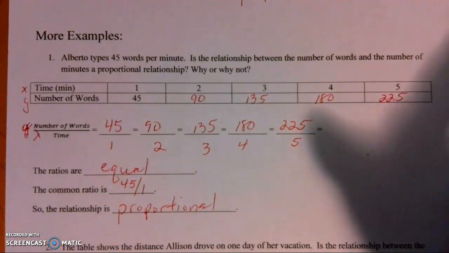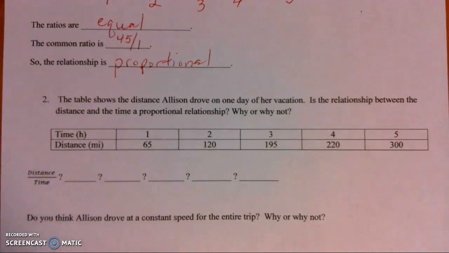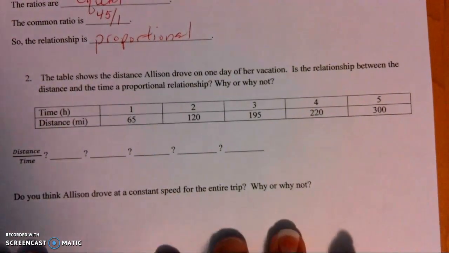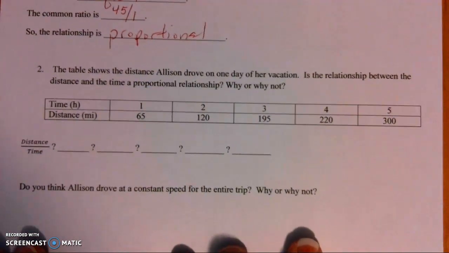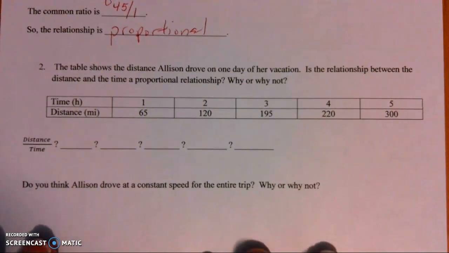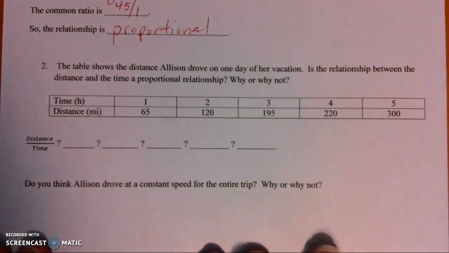Now, the second one, the table is done for you. So let's take a look at this table. It shows the distance Allison drove on one day of her vacation, and I want to know, is there a relationship between distance and time, and is it proportional?